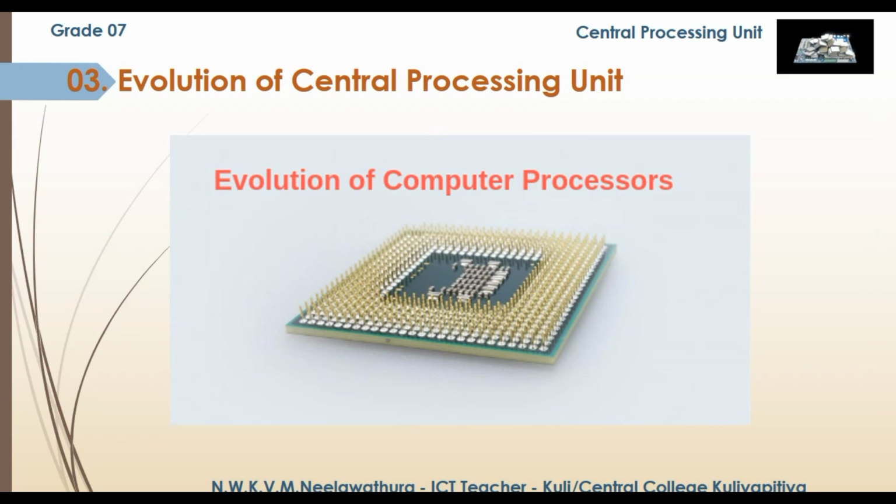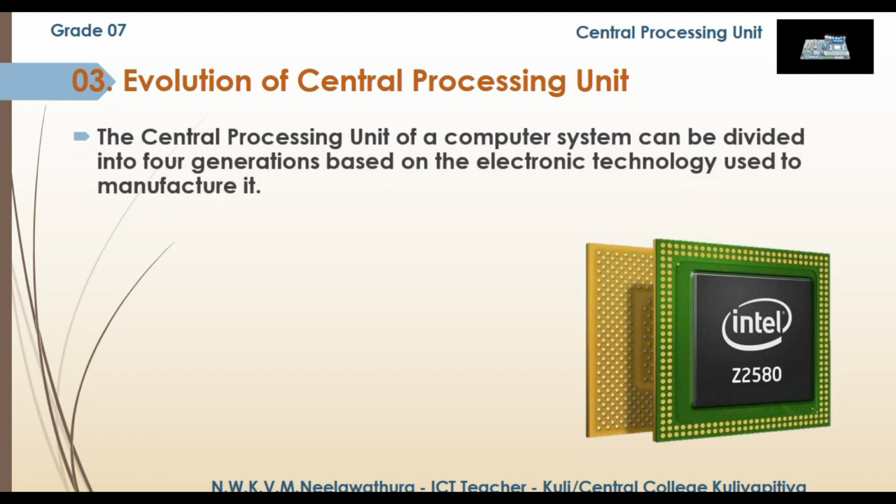Third one, evolution of Central Processing Unit. The central processing unit of a computer system can be divided into 4 generations based on the electronic technology used to manufacture it.